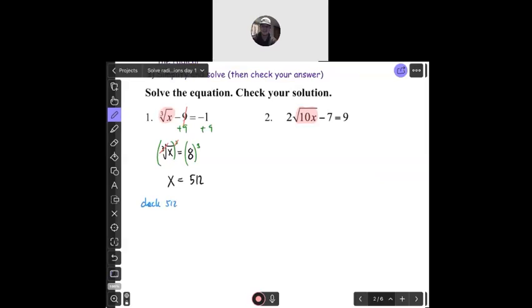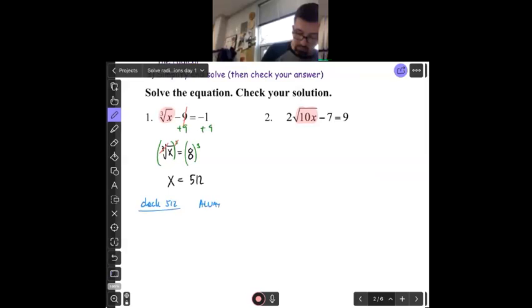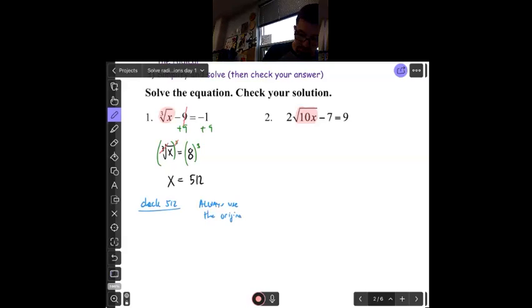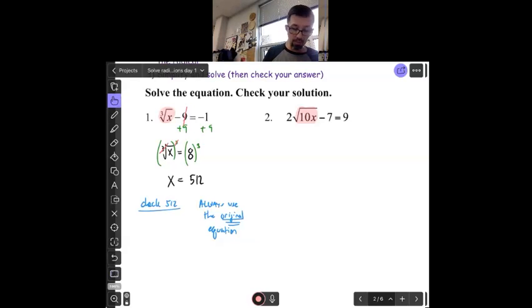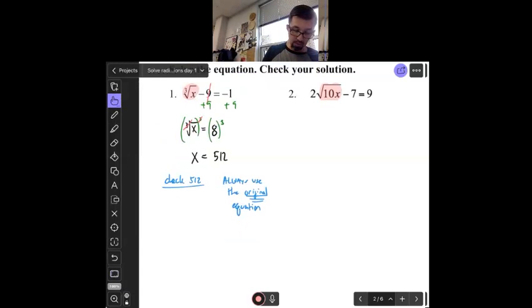In the original problem. There you go. You always use the original equation when you're checking. That's the equation we're supposed to be solving, so it better work for that problem. So we always use the original equation.